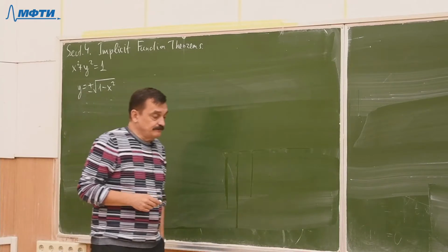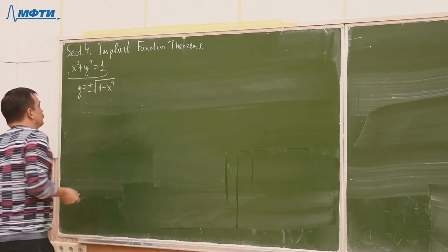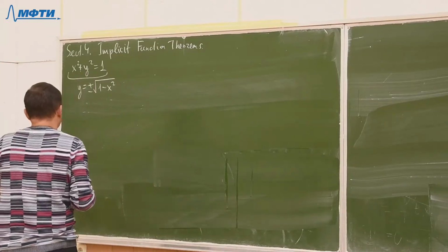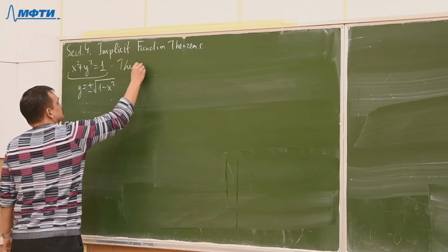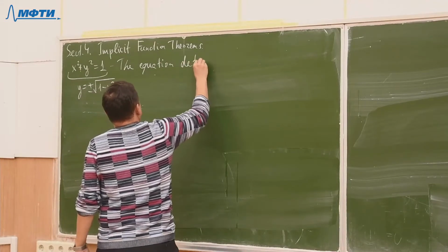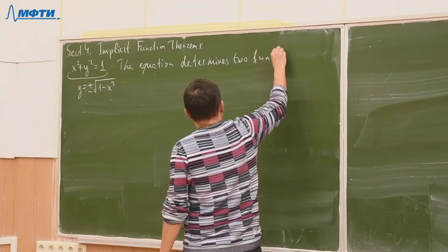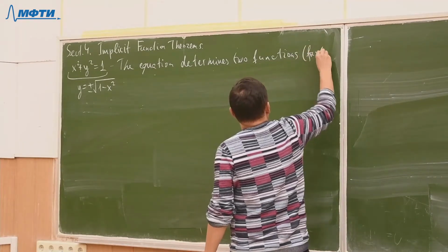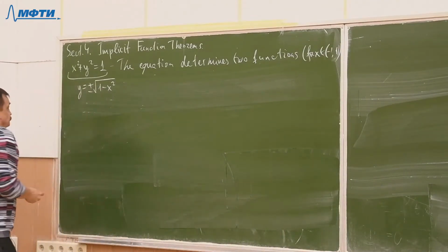It means that this equation does not define one function, but in general it defines two functions. So the equation determines two functions for x in (-1, 1).